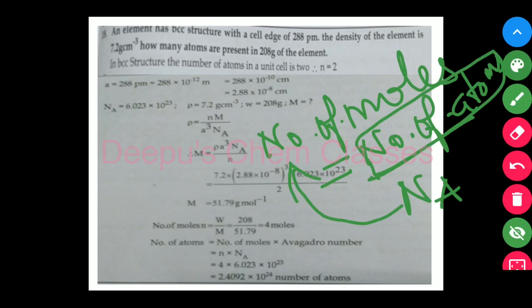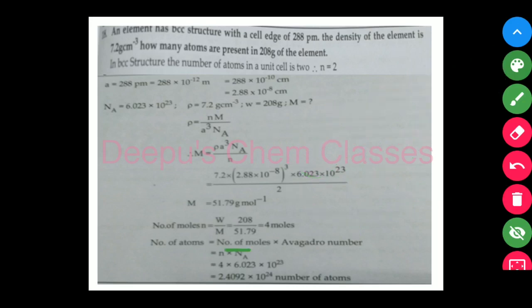So the formula becomes number of moles into Avogadro number. The number of moles we just found is 4 moles. So 4 into the Avogadro number standard value 6.023 into 10 to the power 23. If you simplify this, you get 2.4092 into 10 to the power 24 atoms as the answer. Do you understand?